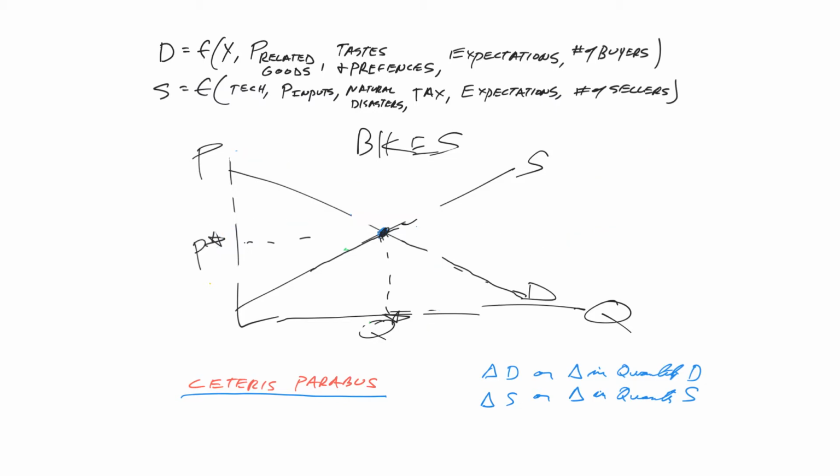Okay, let's complicate things a little bit. Let's say steel again. The price of steel falls, and also the price of automobiles goes up.